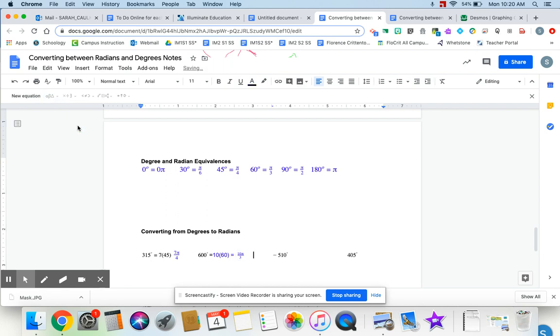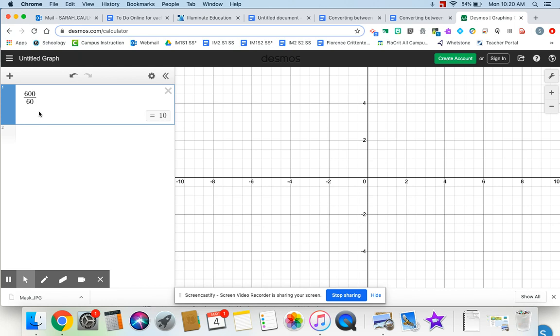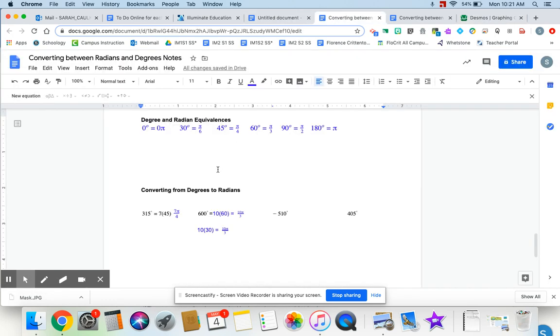Now let's pretend you didn't see the 60. Let's pretend the first thing you saw was, oh, look, I can divide it by 30, so I'm going to use the 30. Well, if I took the whole 600 and divided by 30, my answer is 20, meaning that I'd have 20 of the pi over 6, because the 30 is a pi over 6. However, both 20 and 6 can reduce. You can divide both 20 and 6 by 2.